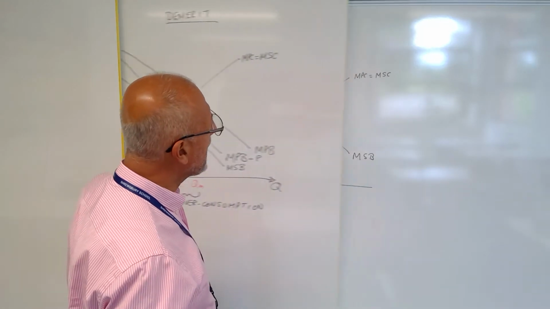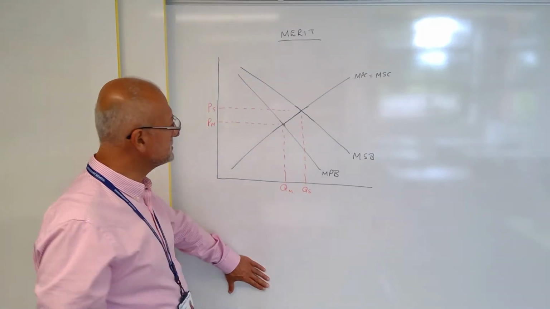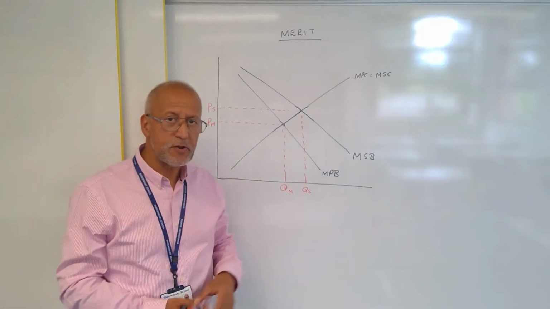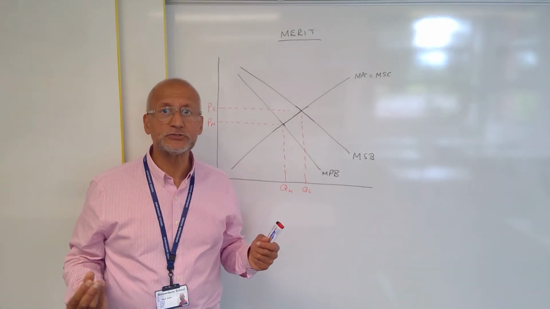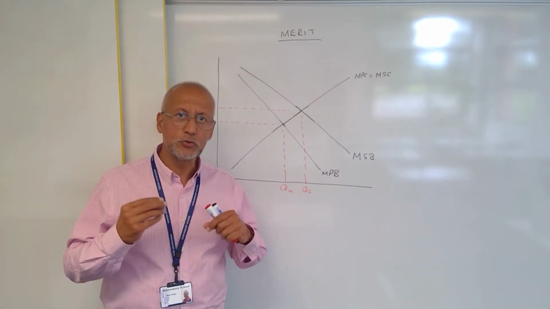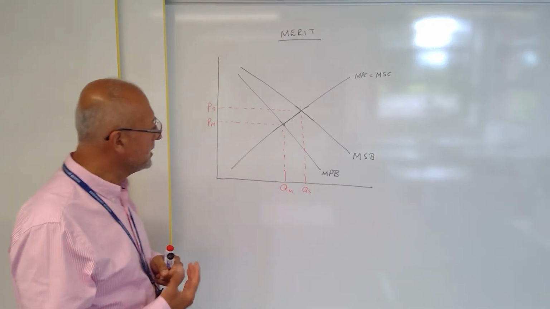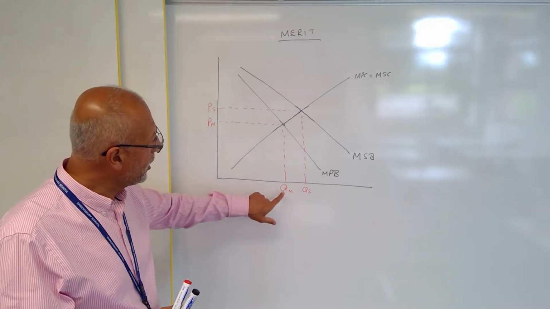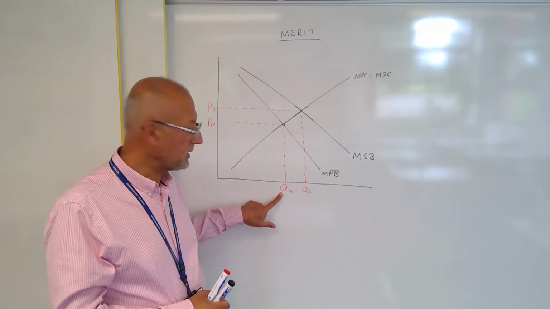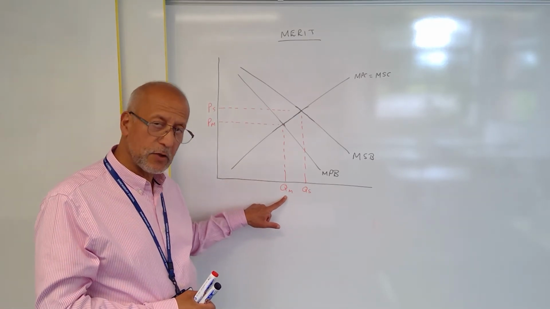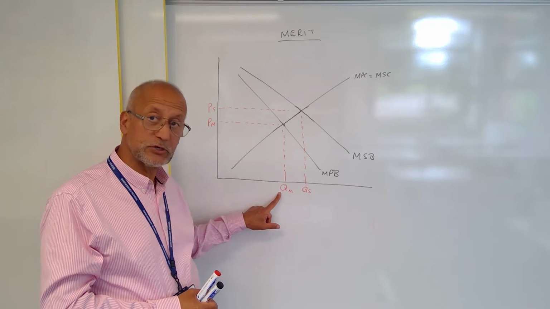Similarly, we may want society to consume more of a particular good. So let's consider a merit good, and let's say, for the sake of argument, in this case, the merit good is electric cars. So we want more people to buy and drive electric cars. Currently in the marketplace, the market is only providing this much electric cars.